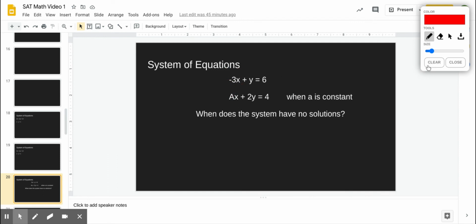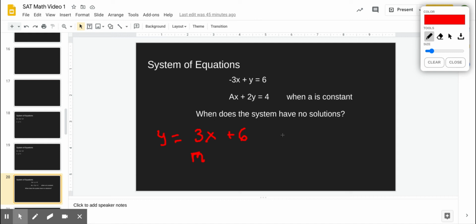For the first equation, y is going to be 3x, because we're adding 3x on both sides, plus 6. So we know right there the slope is 3, that's the m, and the b, the y-intercept, is 6.